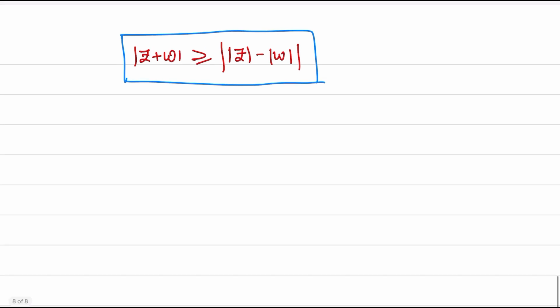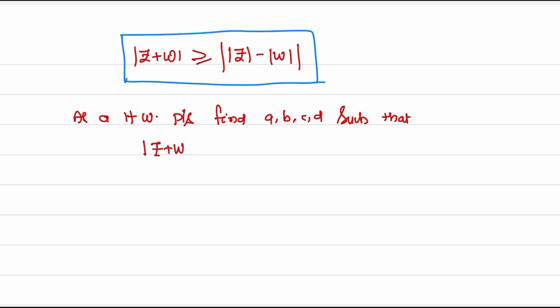As a homework, please find A, B, C, D such that modulus of Z plus W is equal to absolute value of modulus of Z minus modulus of W. Please do this as an exercise.